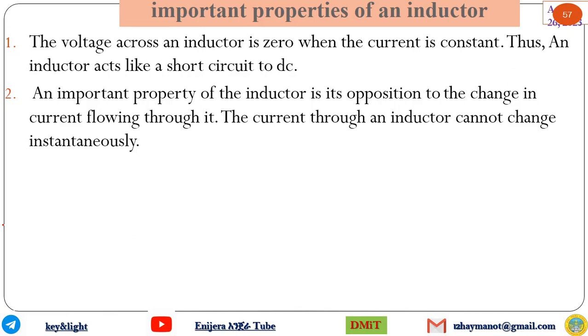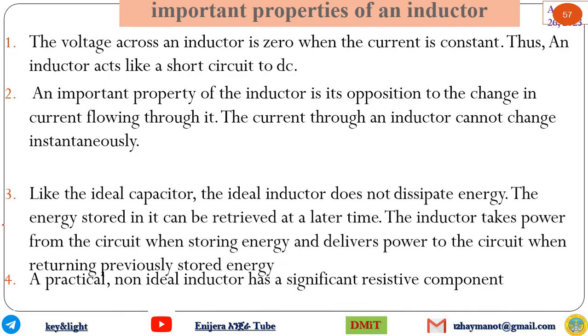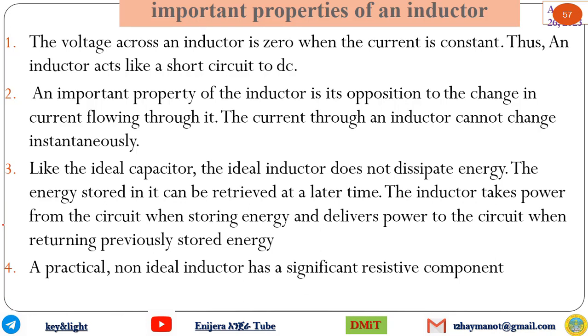Thus an inductor acts like a short circuit to DC, while capacitance acts as an open circuit. An important property of an inductor is its opposition to the changing current flowing through it. So the current through an inductor cannot change instantaneously. Like the ideal capacitor, the ideal inductor does not dissipate energy, but the practical one does.